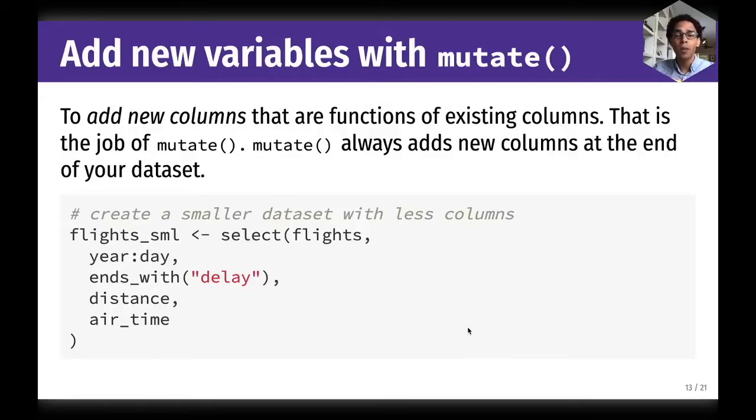So in this case, we're only going to focus on information representing the year, the month, and the day of that flight, any column or attribute that ends with the word delay, such as departure delay or arrival delay, and we will also capture distance and finally the airtime.